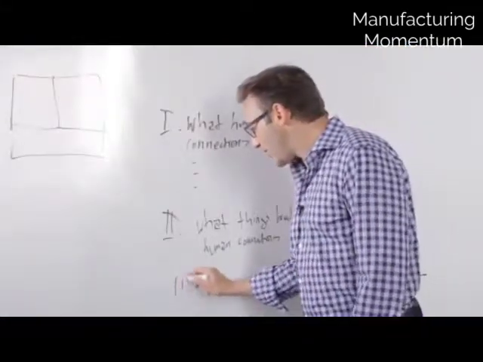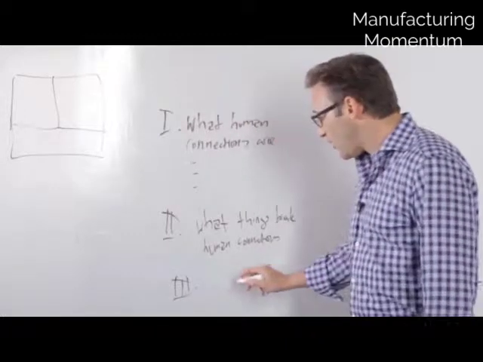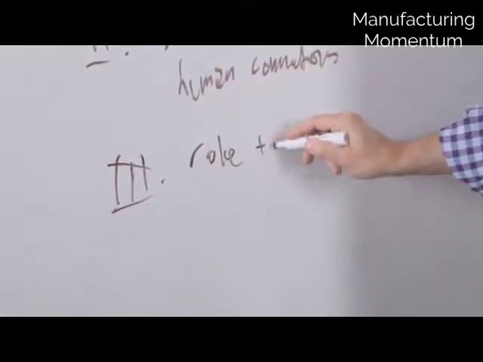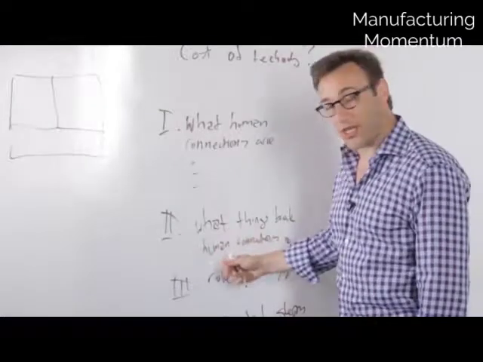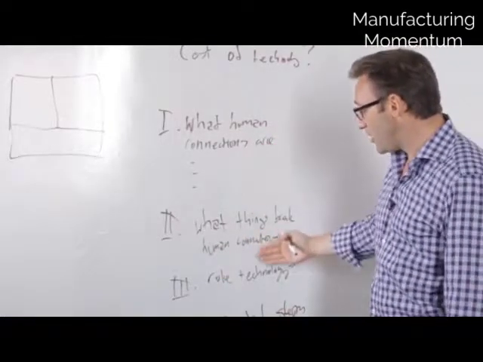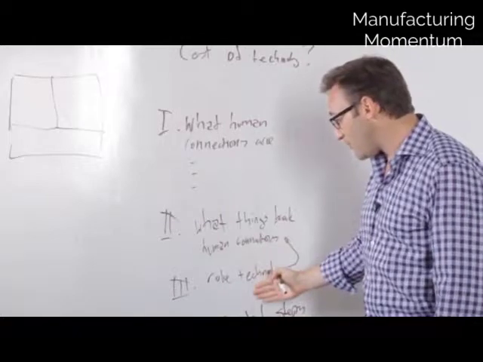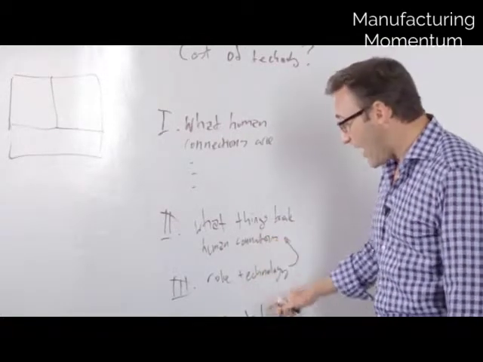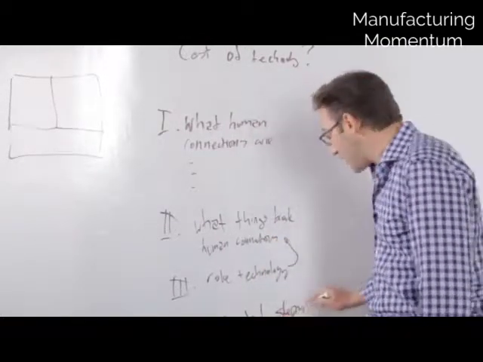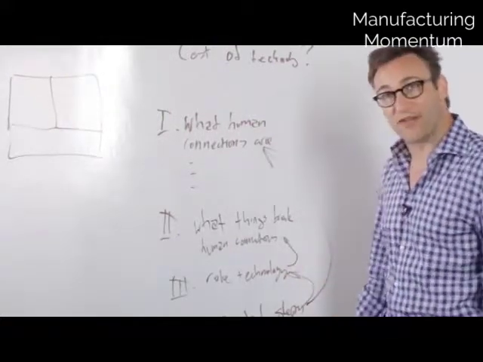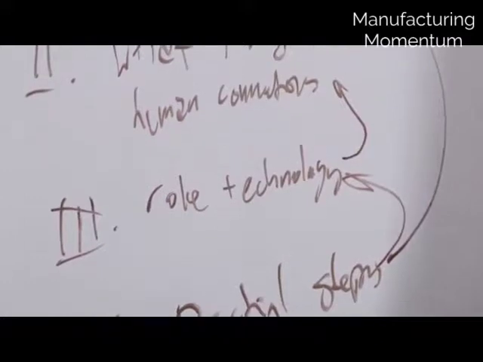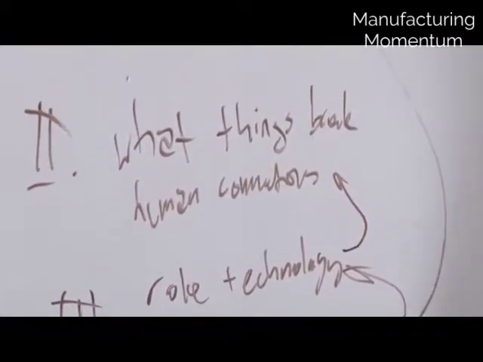Then I want to probably have something to do with the role of the technology. Once we fully understand our logic here, what human connections are, the things that break them, and the role technology plays in breaking them, I probably want to offer some practical steps: how we can recreate these, how we can mitigate the cost of this technology. That seems like a pretty good outline.